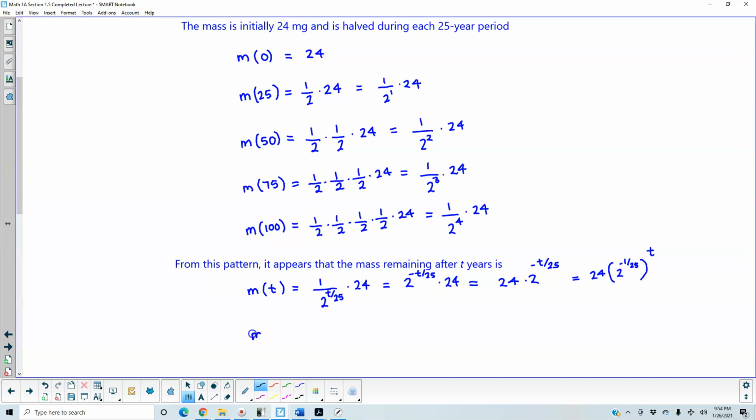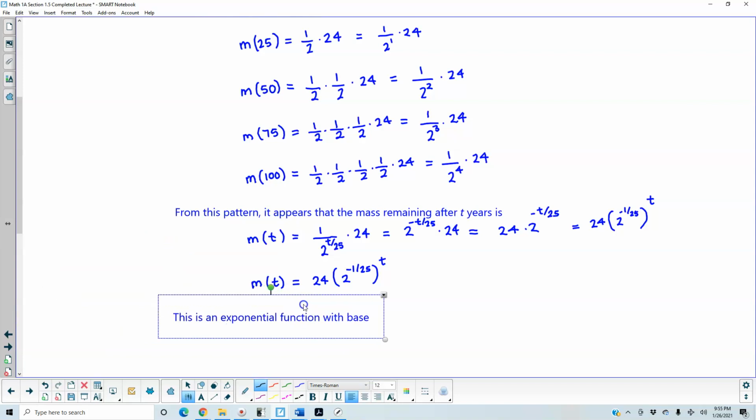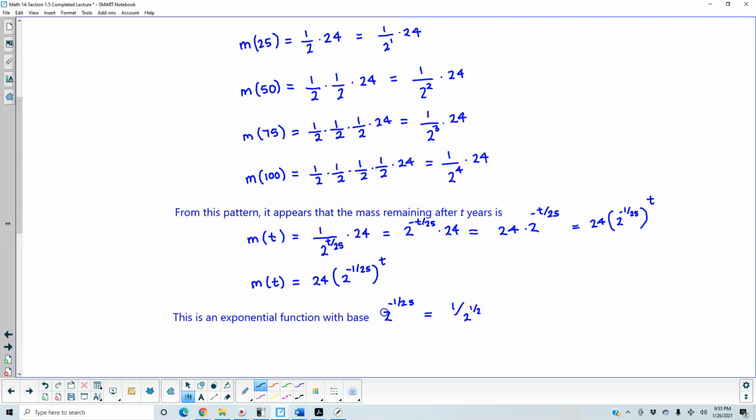We have M of T equal to 24 times 2 to the negative 1 divided by 25, raised to the power of T. So this is an exponential function with a base of 2 to the negative 1 over 25. Or we can say that this is 1 over 2 to the positive 1 over 25.